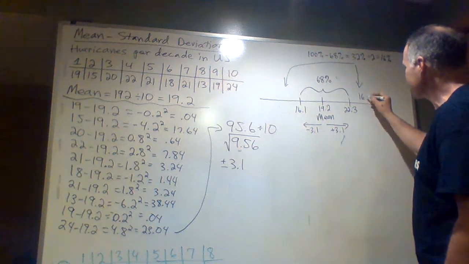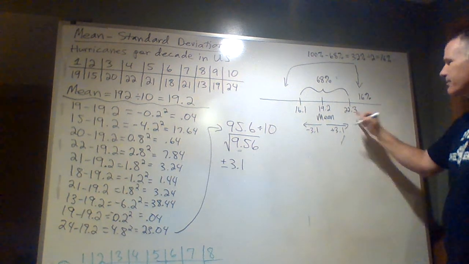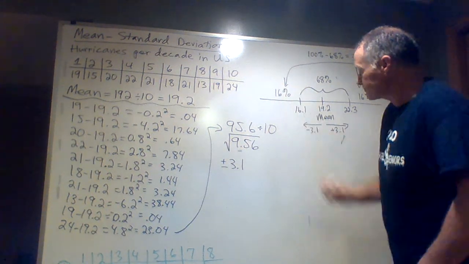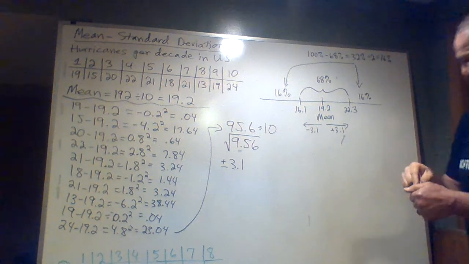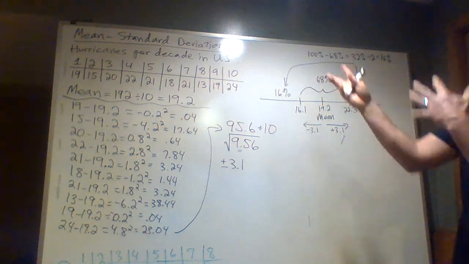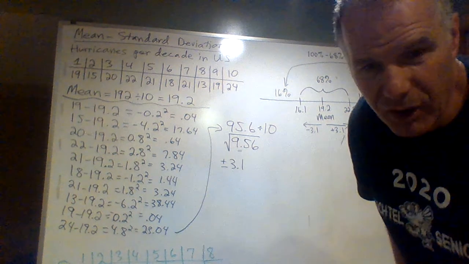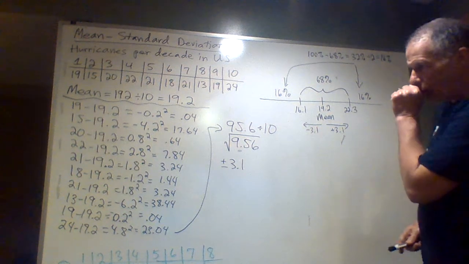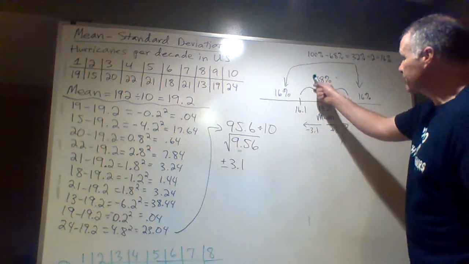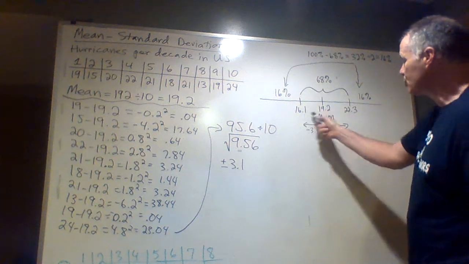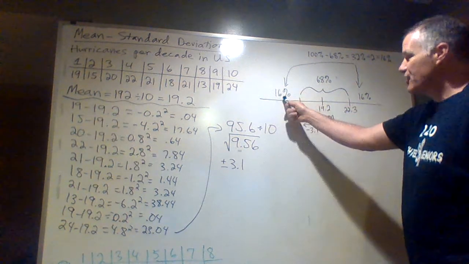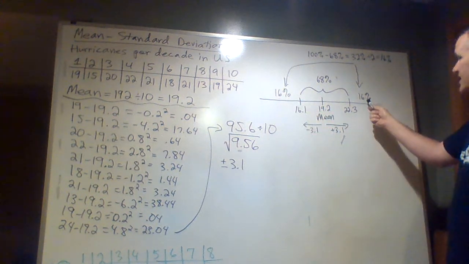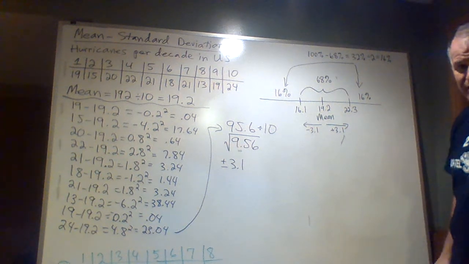On average, 16% of the data would be above 22.3, and 16% of the data would be below 16.1. So for the next 10 years of hurricanes, on average 68% will fall between these two standard deviation points, about 16% a little lower, and another 16% a little higher.